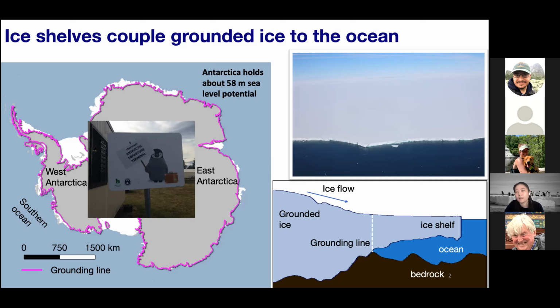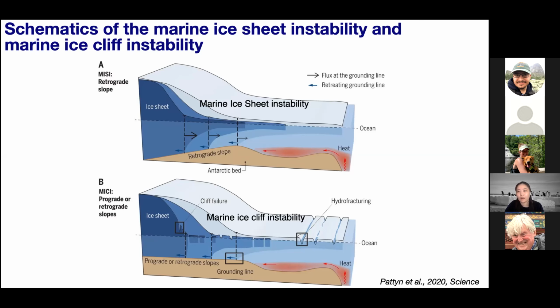In particular, warmer ocean water moving towards the ice fronts and ice shelf grounding line can cause increased melting at the ice-ocean interface. We'll talk more about this later. So basically, unstable grounding line retreat may happen, especially when the bed deepens inland.